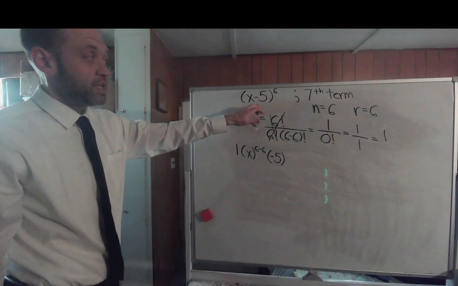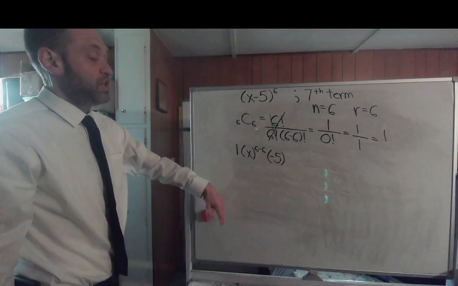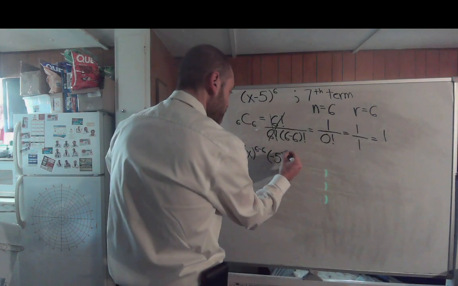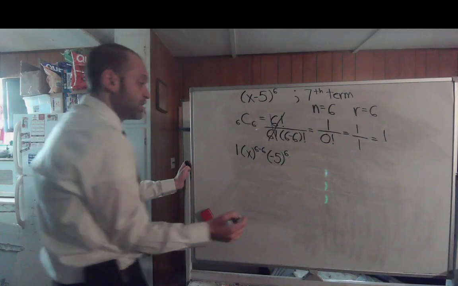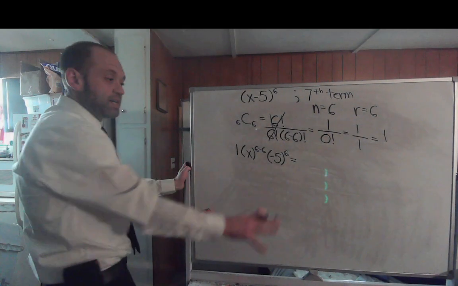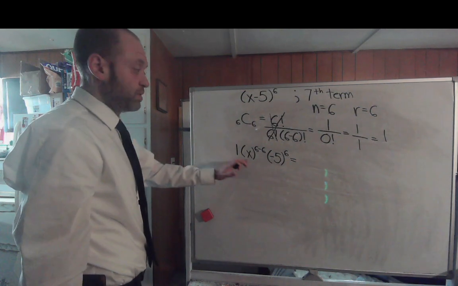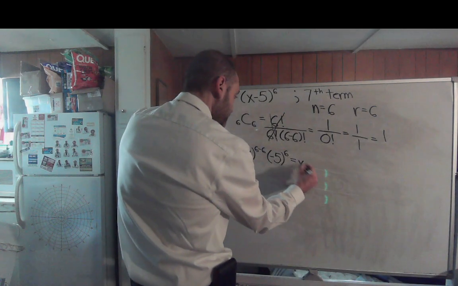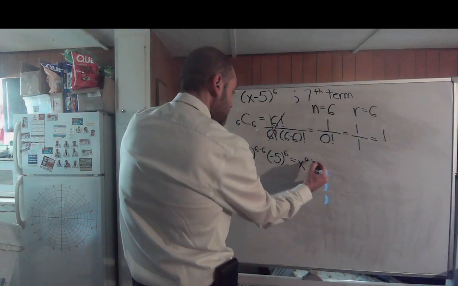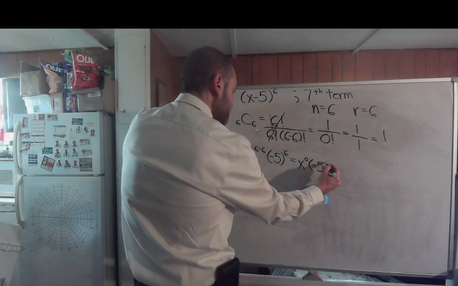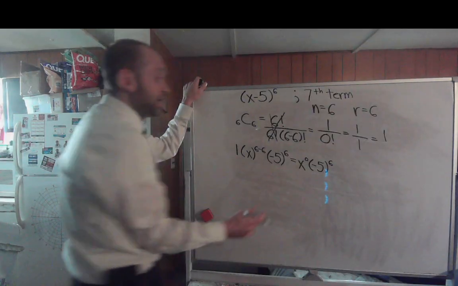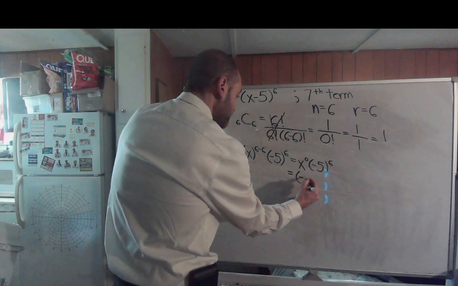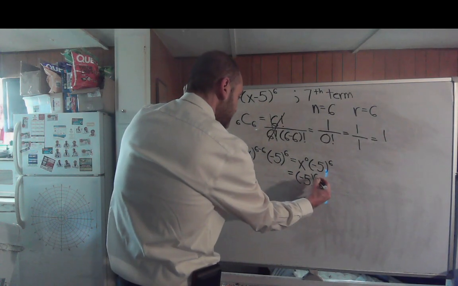You could treat this as plus negative 5, but you do have to consider the whole negative, raised to the r power, which is 6. Well, 1 times anything is itself, so the good news is we don't even got to deal with that 1. But we do get x to the 0 times negative 5 to the 6th. Well, x to the 0 is also 1, right? So we're simply left with negative 5 to the 6th power.